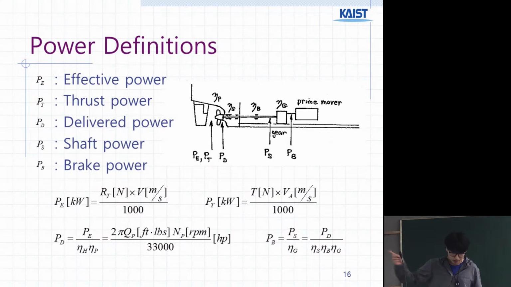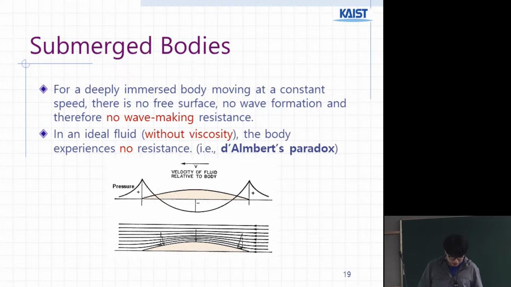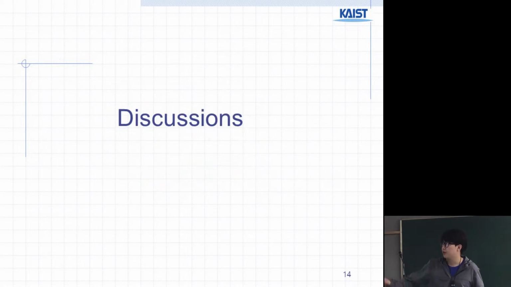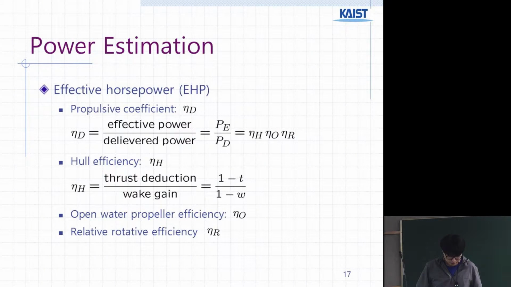In power estimation, the propulsive coefficient is effective power over delivered power. If you calculate like this, you can acquire the result as an efficiency product. So it can be represented as 3 efficiencies.